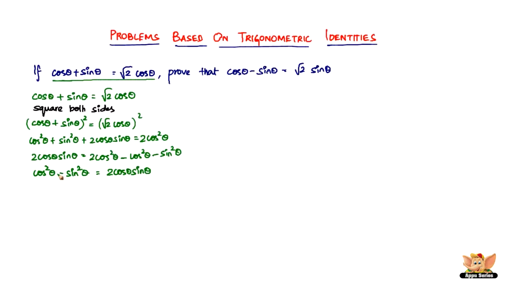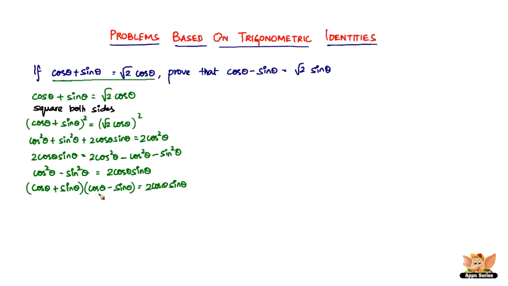So now what do we do? This is a square minus b square, and a square minus b square is a plus b into a minus b. So cos square theta minus sin square theta is cos theta plus sin theta into cos theta minus sin theta, which is equal to 2 cos theta sin theta.